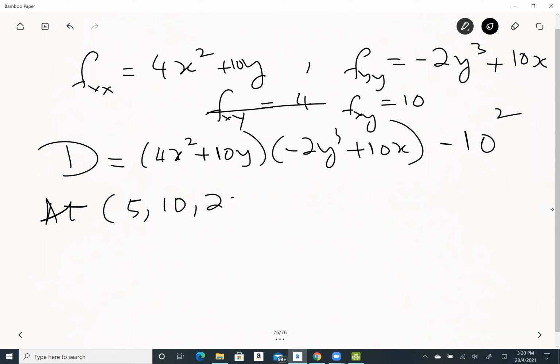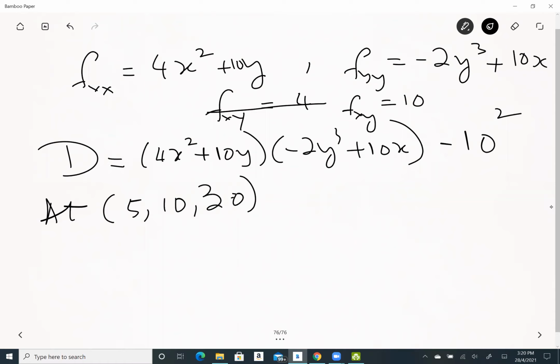So suppose that is our critical point. So what do we do? At that critical point, you substitute the value of the x and y into the fxx, into fyy, into the D to determine whether you have the necessary condition or not.